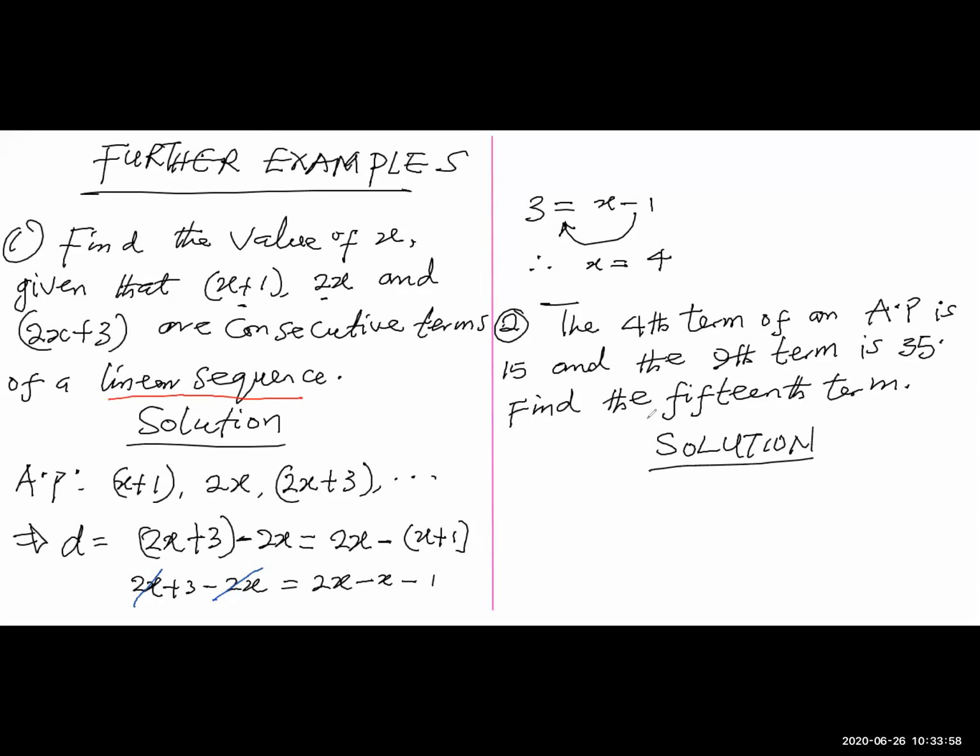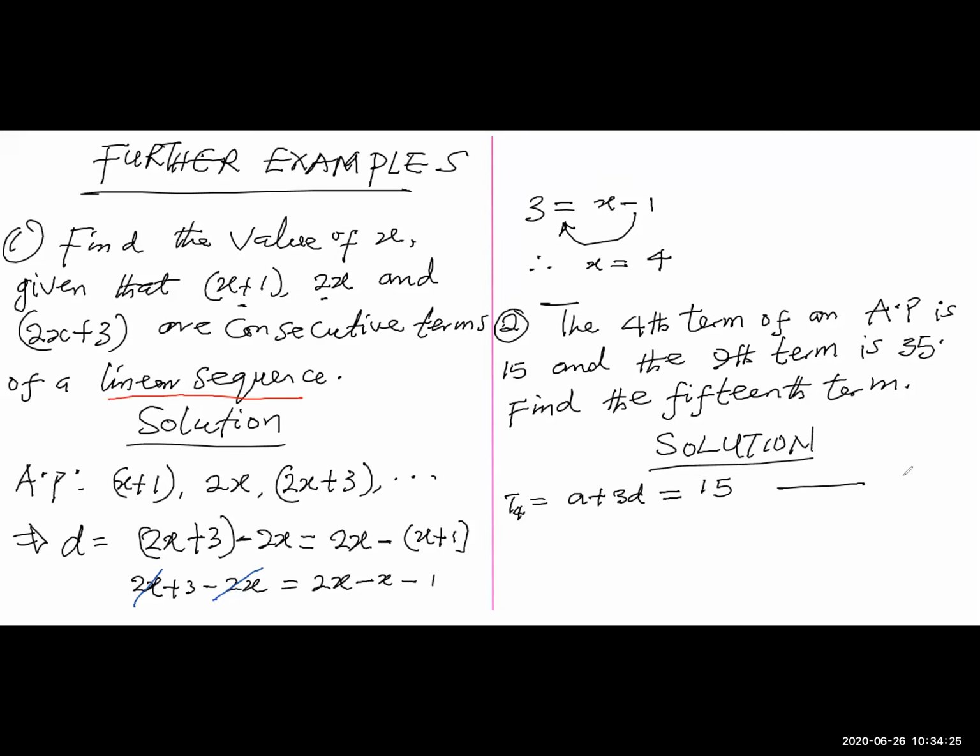Alright, so the first thing to do is you can use the nth term formula, or you can use the general formula. So the fourth term of an AP, T4, is equal to a plus 3d. And we are told that it is equal to 15.